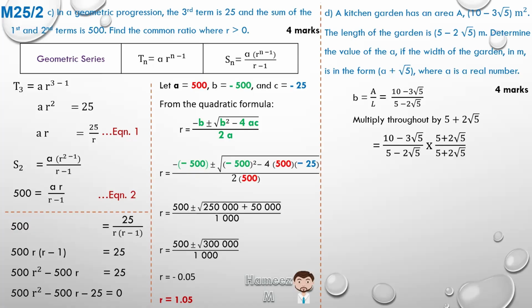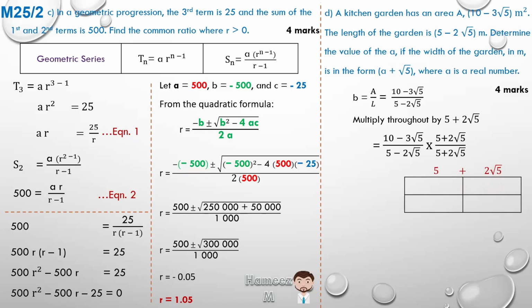So if we're multiplying by 1, it's not changing the value on the right-hand side. Now, what happens when we multiply the denominators, 5 minus 2 root 5 by 5 plus 2 root 5? Some of you know it as the difference of squares. I just want to show you it visually so you can remember.